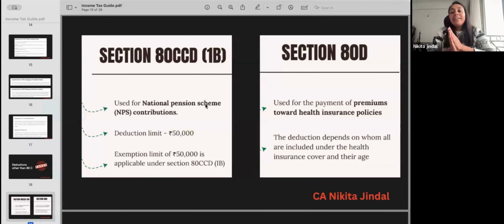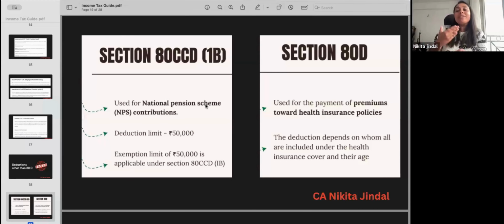Okay. And the 80D deduction, so basically 80D is for Mediclaim insurance premium. Obviously you all have taken a good Mediclaim policy for yourself and your family. So you can claim that Mediclaim premium under 80D as a deduction. If your age is less than 60 years, you can claim up to rupees 25,000 as a Mediclaim deduction.